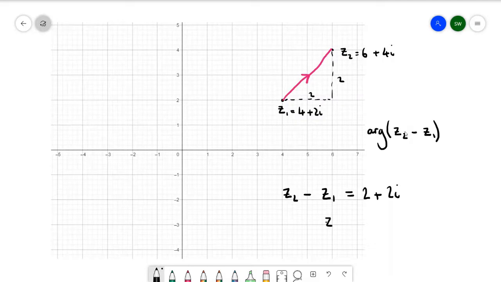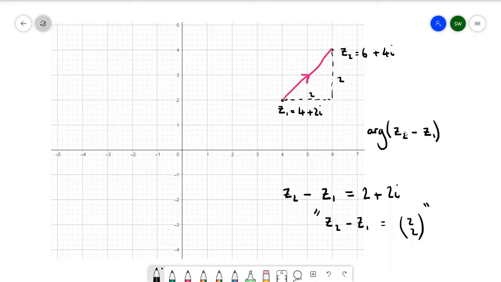So what we're really thinking about is z2 minus z1 is the vector "2, 2". And I'm going to put that in quotations there because it's obviously not a vector. Okay, we're abusing notation there. So we're basically working out the argument of 2 plus 2i.